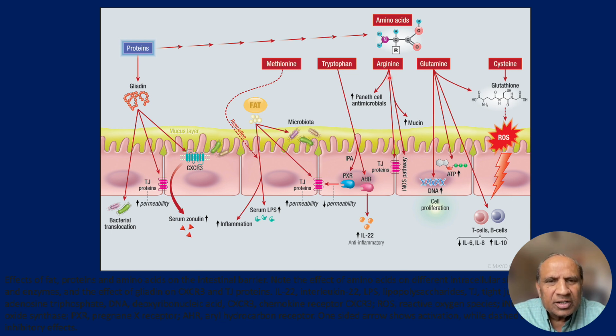Other amino acids studied are arginine and tryptophan, as well as cysteine, which all directly or indirectly help in maintaining tight junctions and maintain intestinal barrier function.